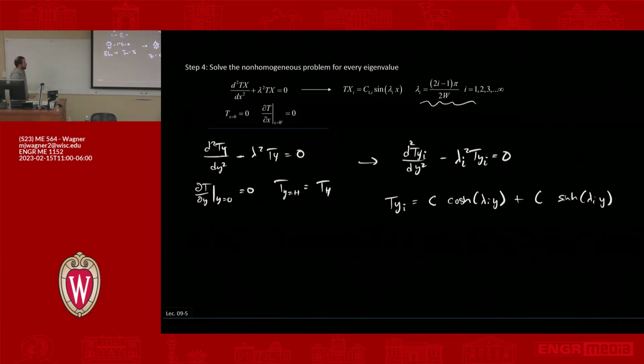I'm coming back to these because let's do some bookkeeping. First, we've already used constants C1 and C2, so let's say C3 and C4.